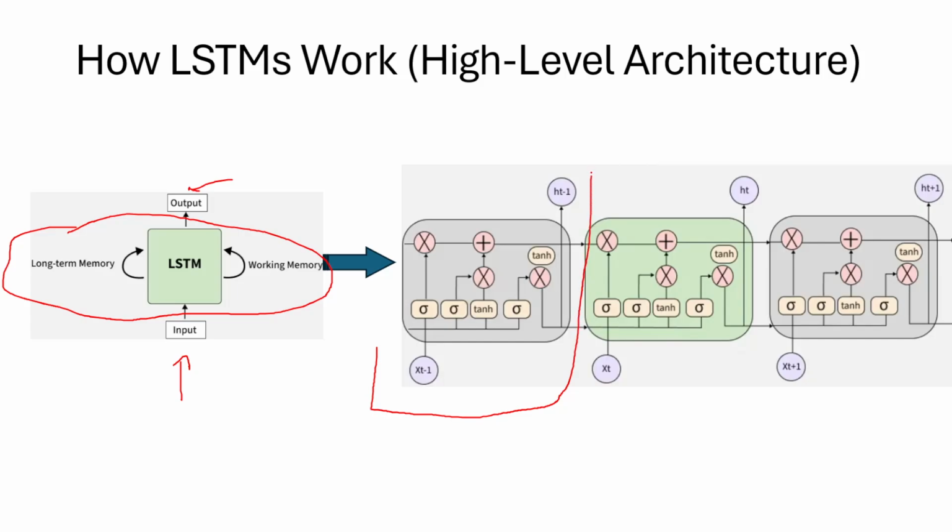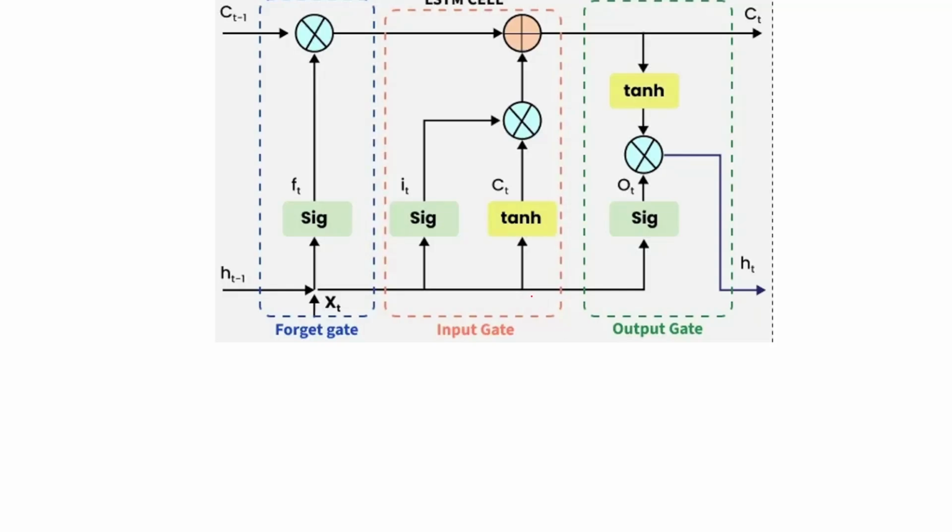This is an LSTM layer. This is another one, because you can have more than one layer, obviously, especially for complex tasks. So if we just focus on one of these layers, we can see that it has 3 different gates, and we're going to see each one and what it does.